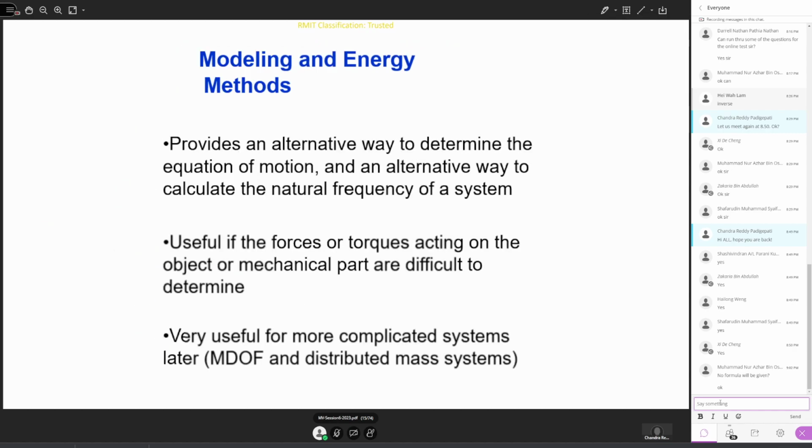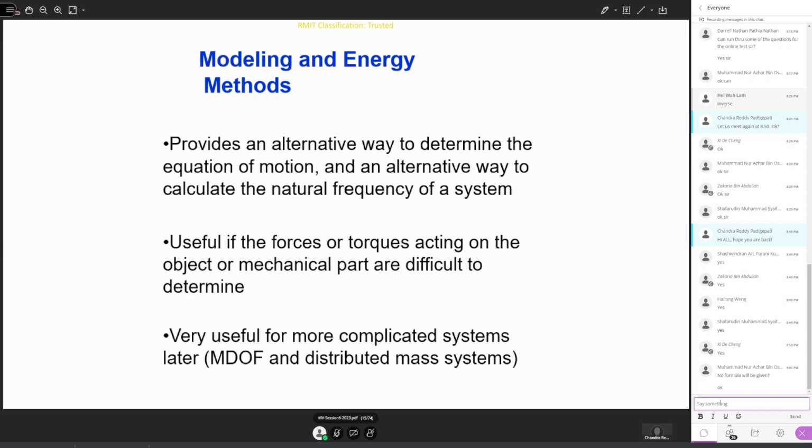All right, so next we'll see the modeling and energy methods. Modeling is required to derive the equations of motion, particularly using the energy method. We can derive equations of motion not only from Newton's method, but also by calculating the total energy in the system, taking the derivative of the energy and equating it to 0.